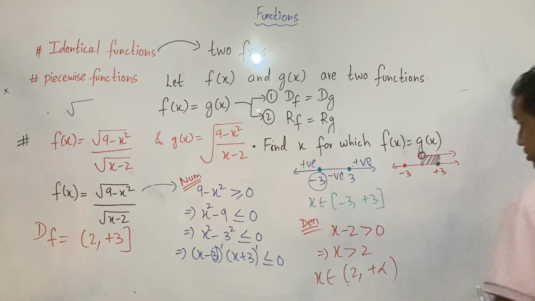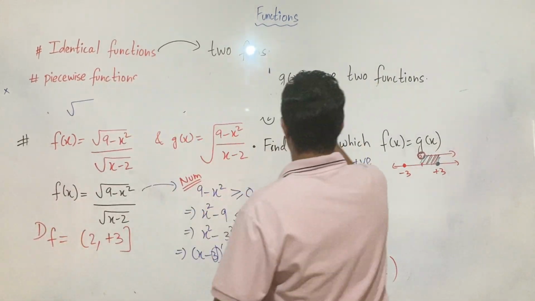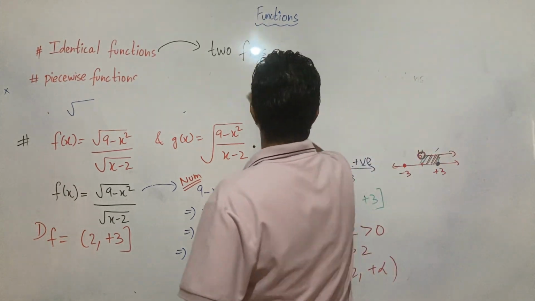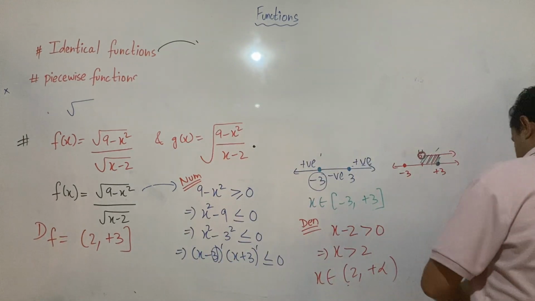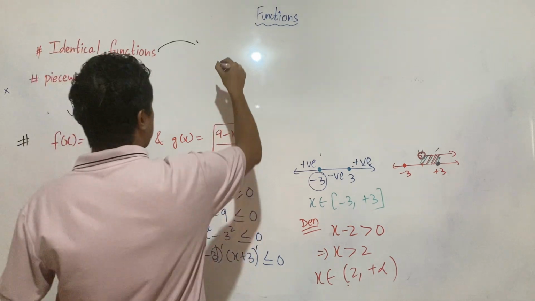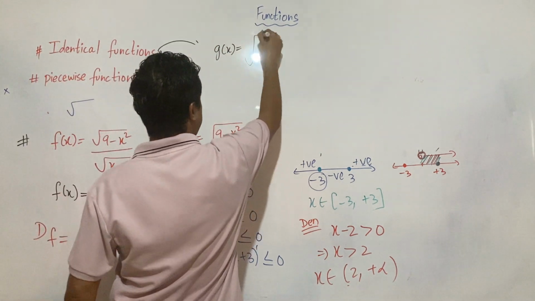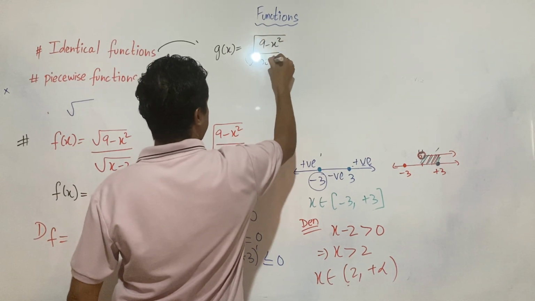Now come to the second part, g(x). Now g(x) here is g of x equals root of (9 minus x square) by (x minus 2).